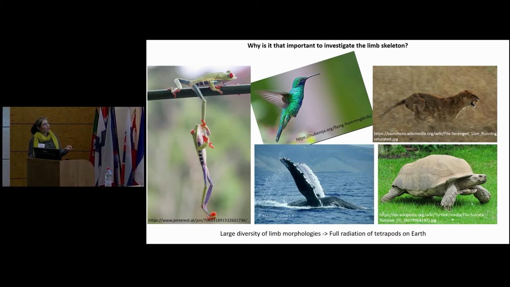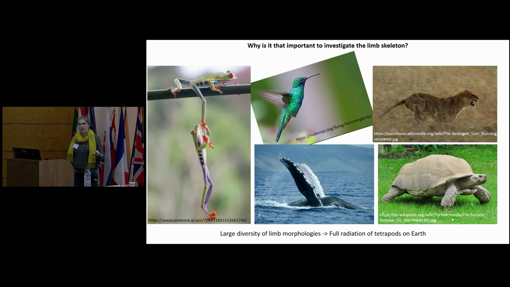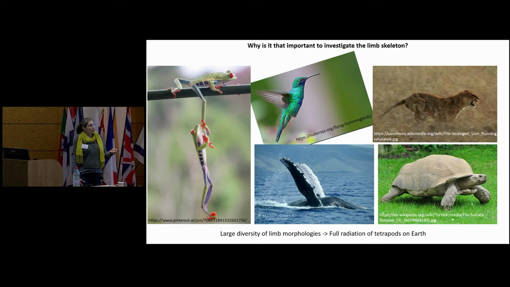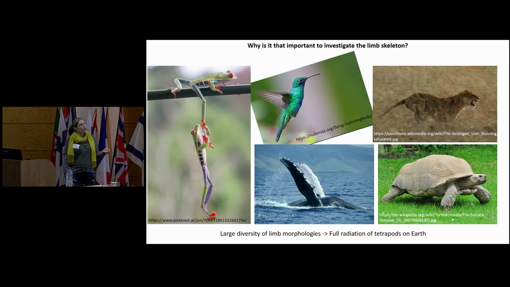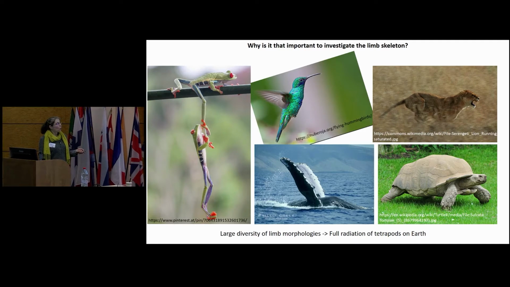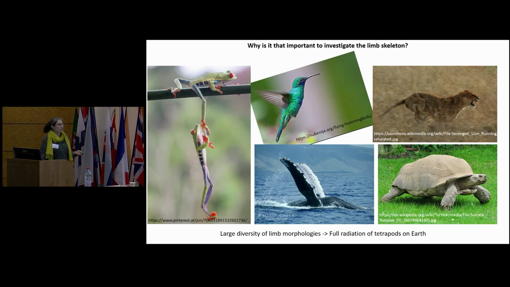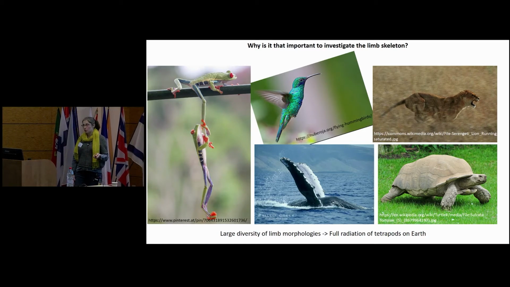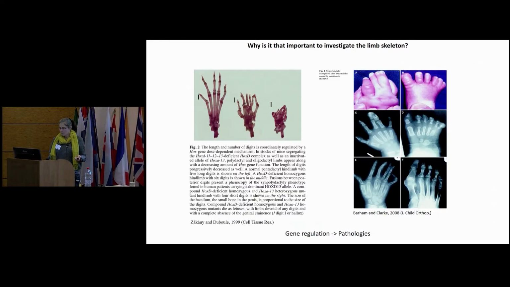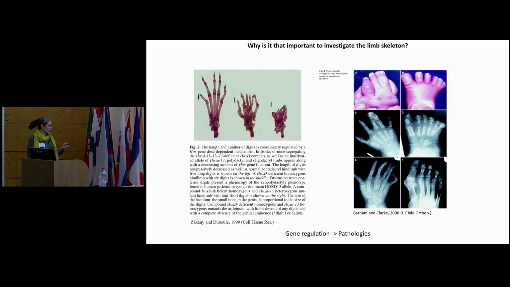It can have a strong musculature, for example, in the lion or in running mammals. Or it can have a very strong skeleton that could support a 300 kilogram shell, for example, in tortoises. So all this limb diversity, this large diversity of morphologies, was a key point for the full radiation of tetrapods on Earth. That's a key element for us as paleontologists and evolutionary biologists.